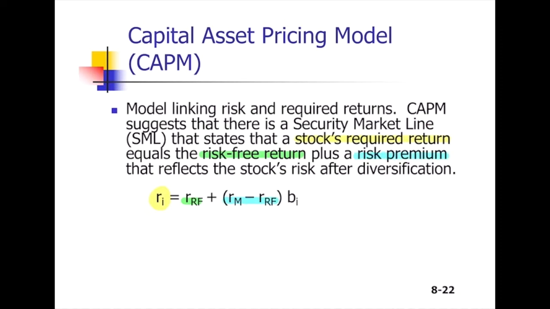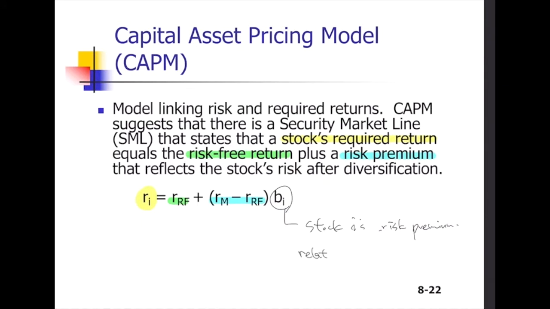The risk premium is here. And what is beta i? The beta i shows the stock i's risk premium, and it is a relationship between the market and the individual stock.